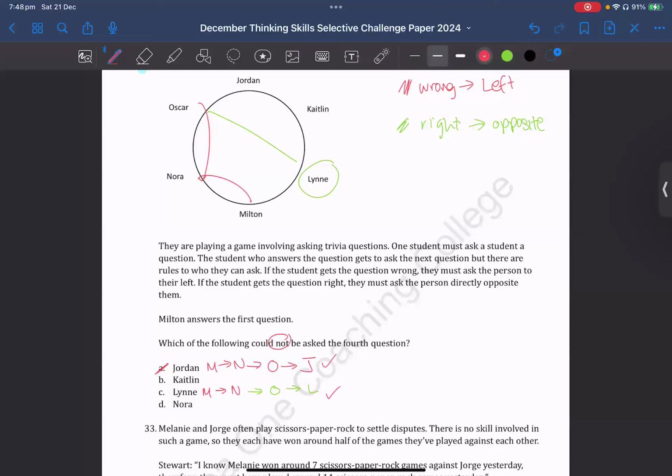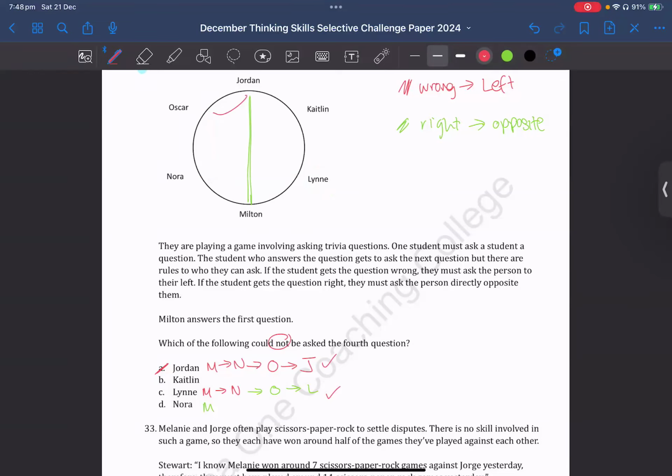So for Nora as well, we want Nora to be the fourth person. So we're going to start off with Milton, and I think if Milton is correct, we go to Jordan. So Milton is correct, and then we go to Jordan. And I think we can go left another time, which gets me Oscar.